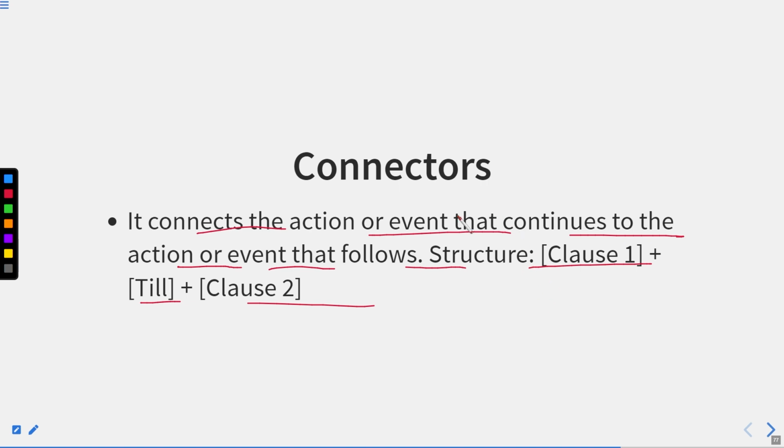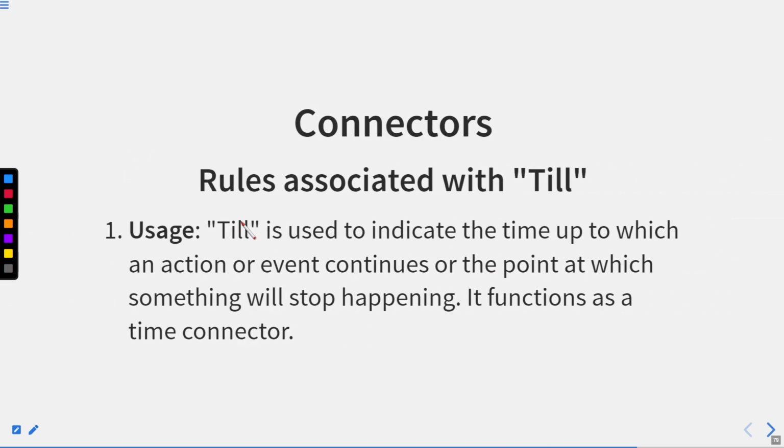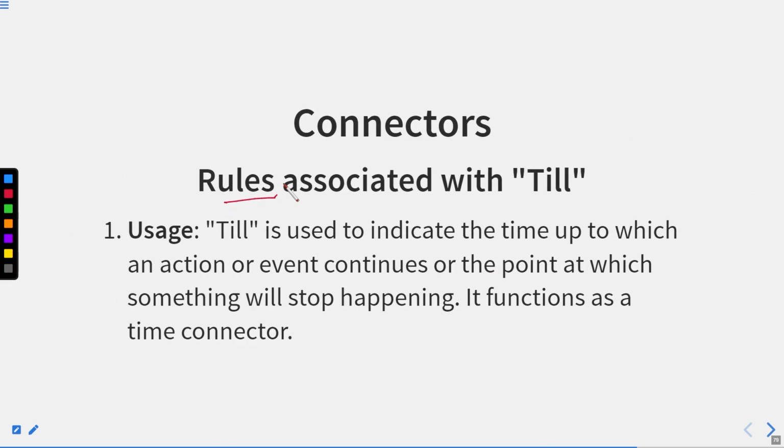Okay. Now, till can be used only in the middle of the sentence. We cannot begin the sentence using till. I will wait here till you finish your work. She won't leave till her guests arrive. He practiced till he perfected his skills. So he kept on practicing until he became perfect.